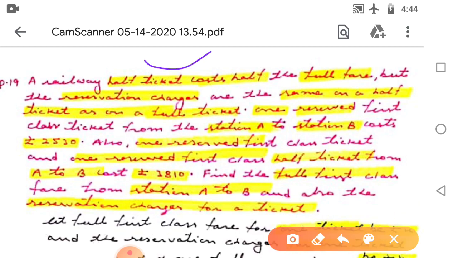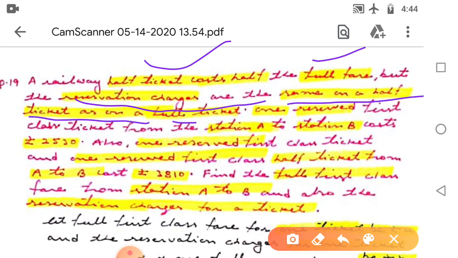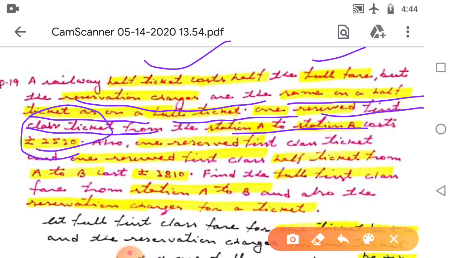Okay, I am just reading once again. A railway half ticket costs half the full fare, but reservation charges are the same on a half ticket as on a full ticket. Clear? One reserved first class ticket from station A to station B costs 2,530 rupees.